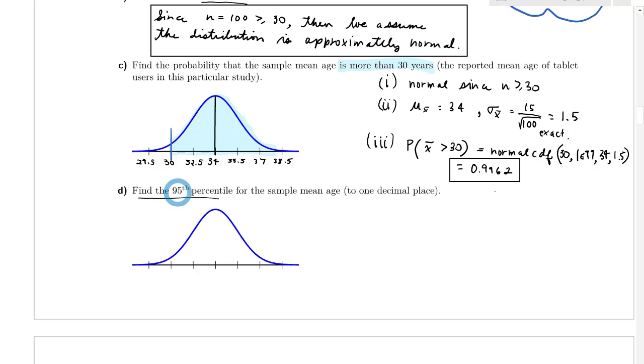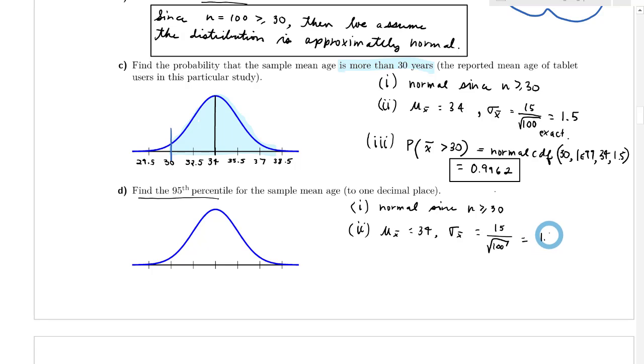They're giving us a percentile. So the first thing we want to always know is that it's normal, since n is greater than or equal to 30. The second part is the sample mean is 34 and the standard deviation is 15 over square root of 100, or in other words, 1.5.